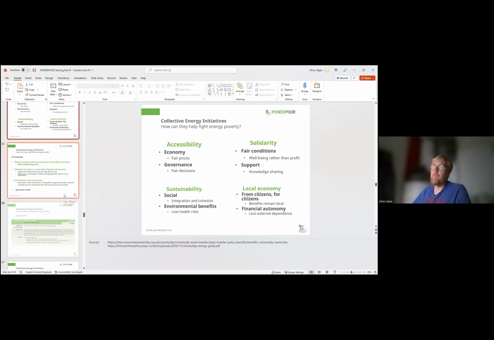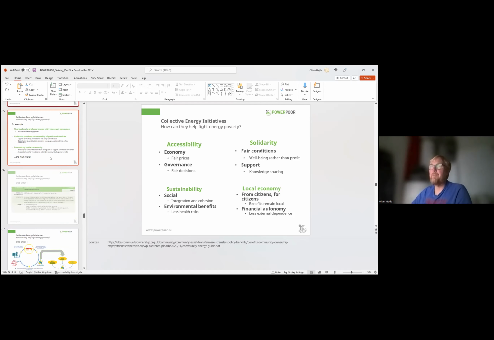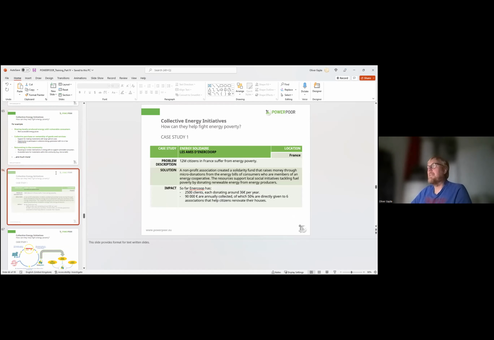We have some of them listed on our Power Fund tool. Just for example, here we have the case study of a cooperative in France, where you have energy poverty in certain regions, and so a non-profit cooperative was set up called Enercoop, which has 2,500 members, and each pays into the cooperative a fee of about 36 euros per year.